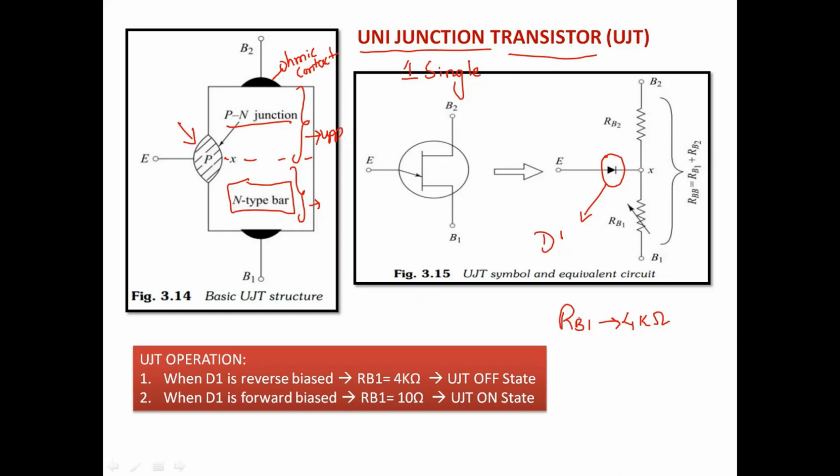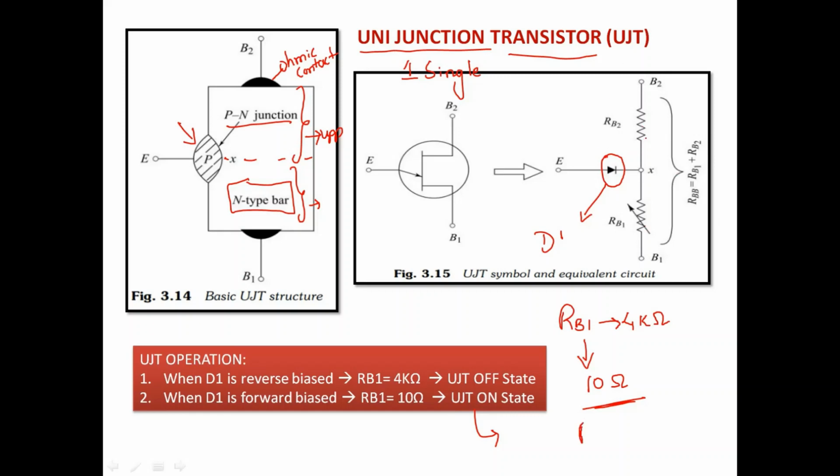When D1 is forward biased, as you can see, RB1 decreases to a large extent, from 4 kilo ohm to 10 ohms. So a very small resistance is created in this layer. Current starts flowing at that time, so UJT is in on state. We can say UJT is on. There exist two different resistances which can be measured using the equivalent circuit.